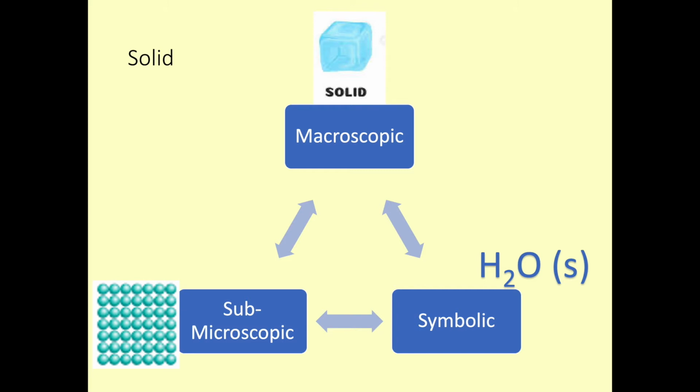So cubes of ice, even small crushed ice, we're still viewing it as that solid. But actually what we need to do when we're considering the particles of water is we need to look submicroscopic, so below that level, so that we can see the particles.